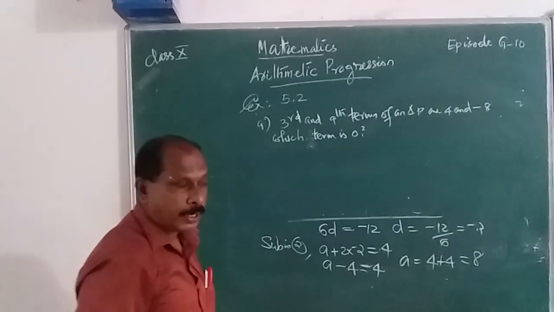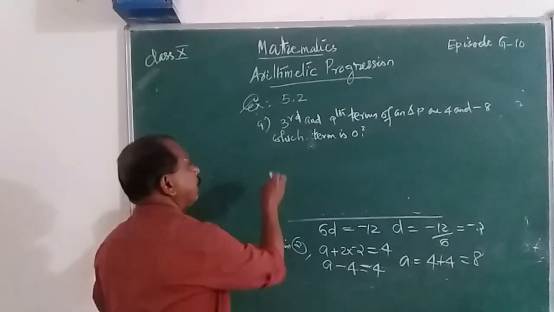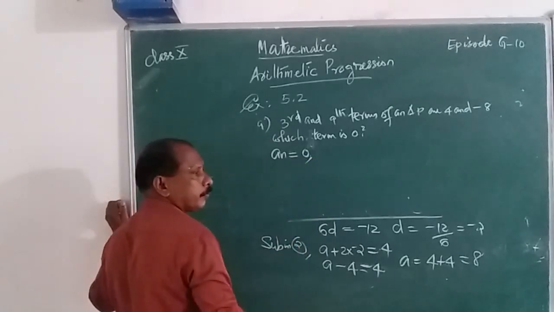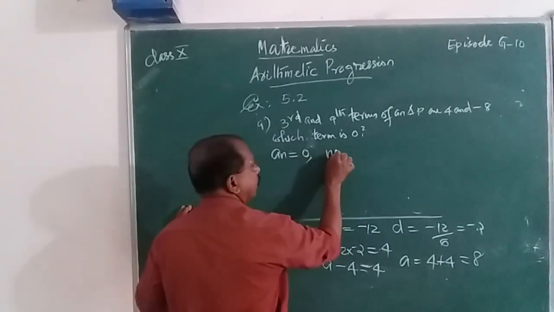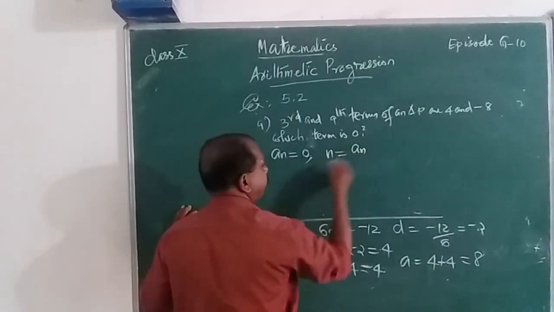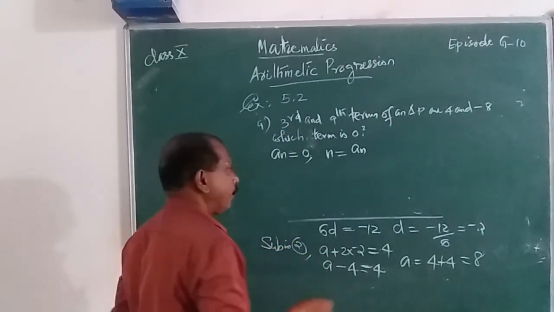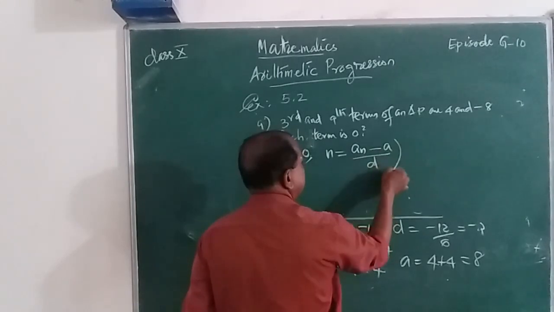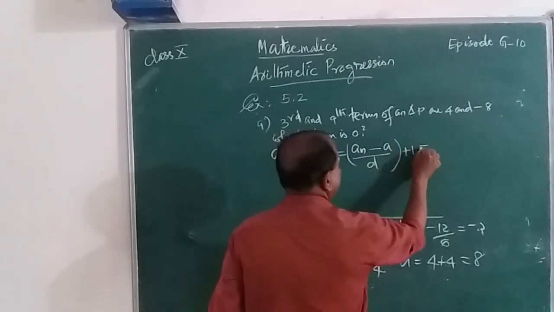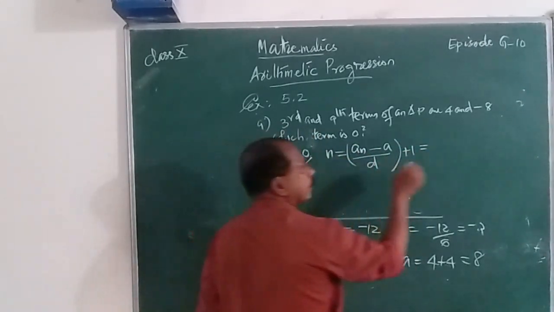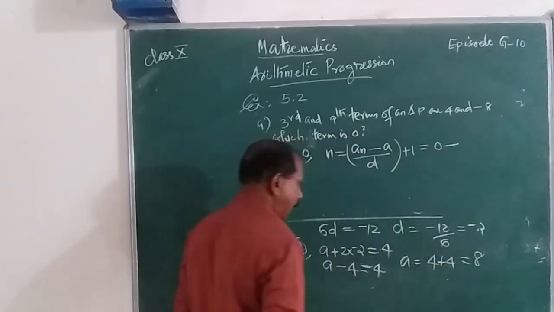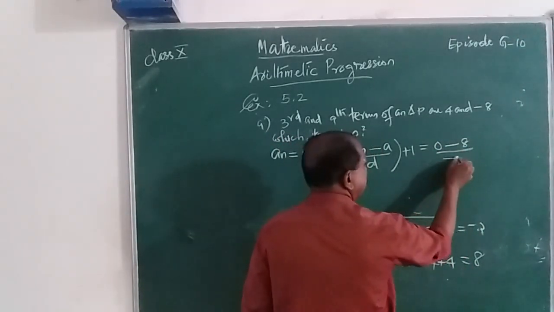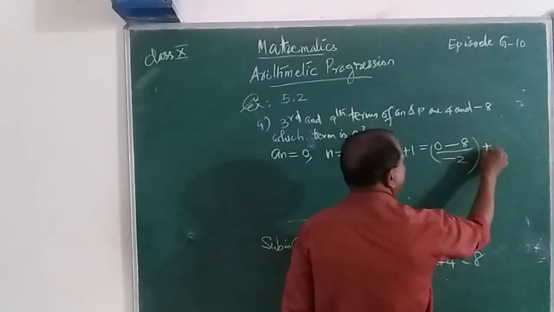The position of that term 0, write as n. Then n is equal to last term minus first term by common difference plus 1. The last term is 0, minus A is 8, divided by D is minus 2, plus 1.